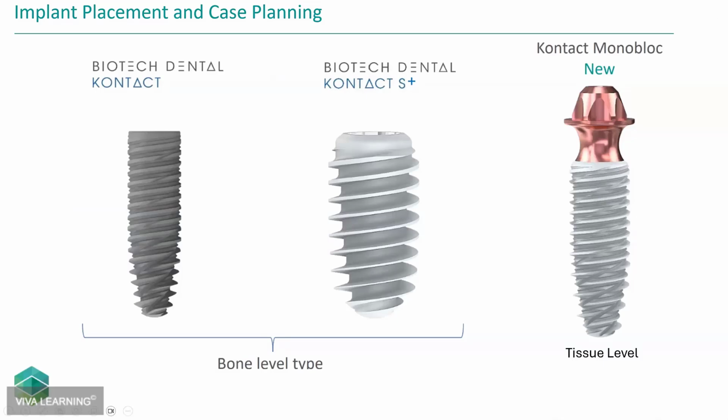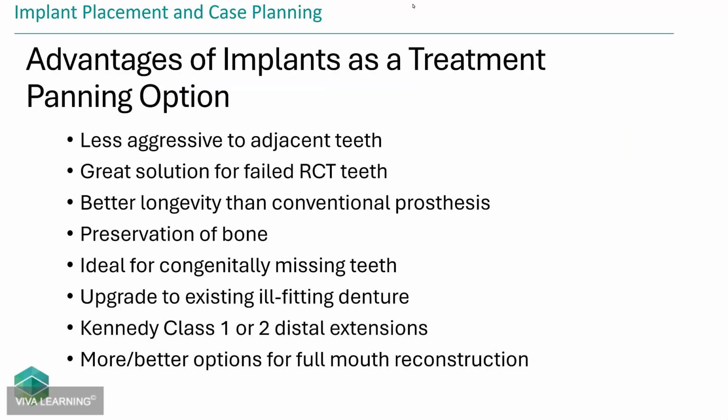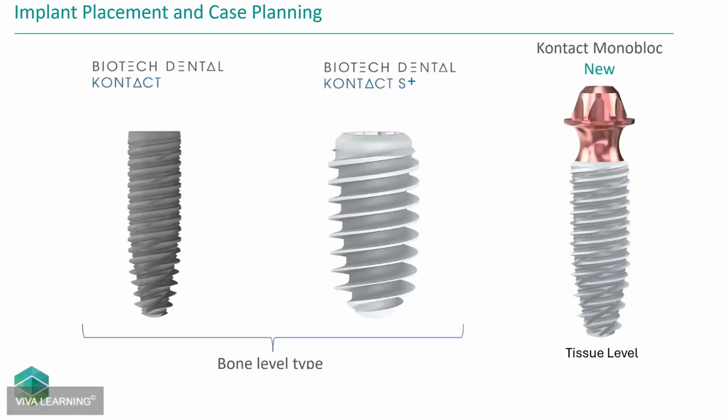So I want to look at these three different types of implants. I've largely divided implants into little subcategories. You have the implant that you see on the left, where the threads are less aggressive. They do have some threading, but in the middle, you have the more aggressively threaded implant that is meant to engage more bone and get more primary stability. Those are the two types of bone level implants.